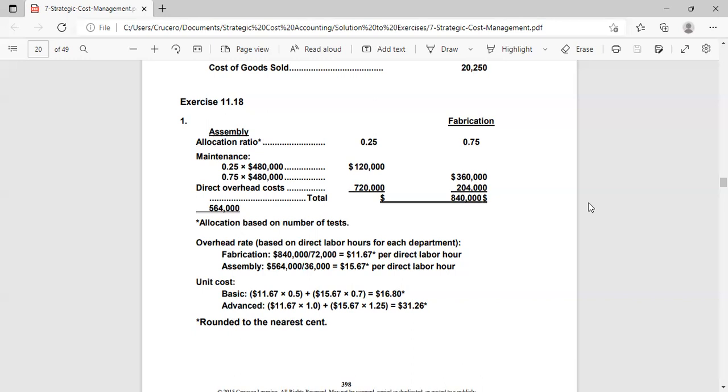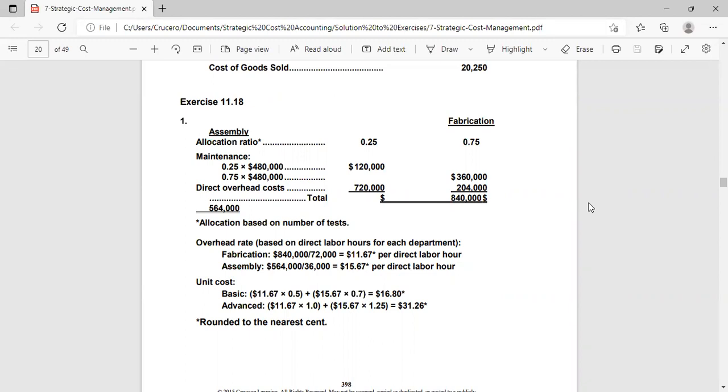And the direct overhead cost ni fabrication is 720. Ang kay assembly is 204. So the total cost of the fabrication is 840, while that of the assembly is 564. So will you try to correct on the totals?